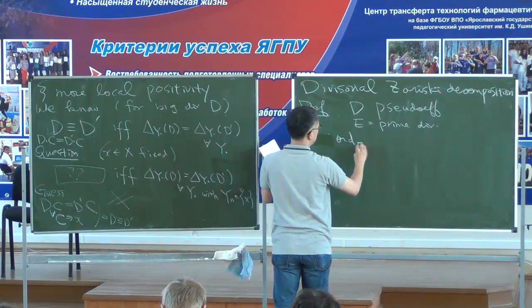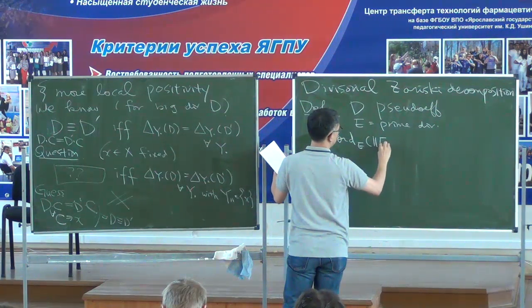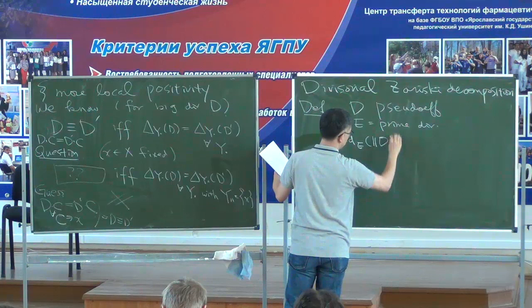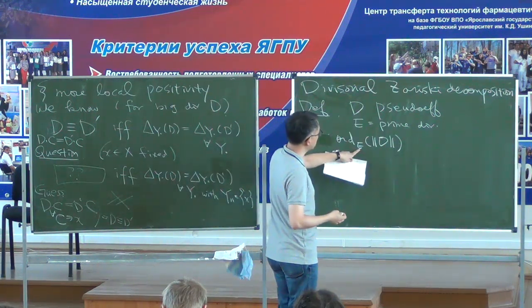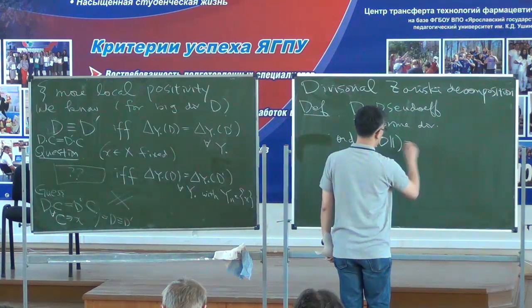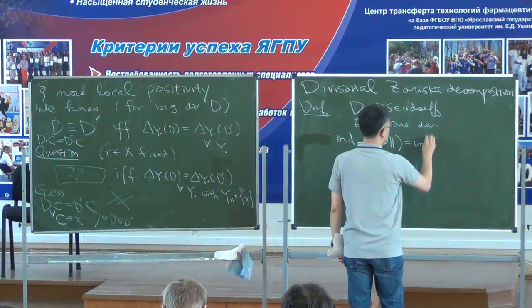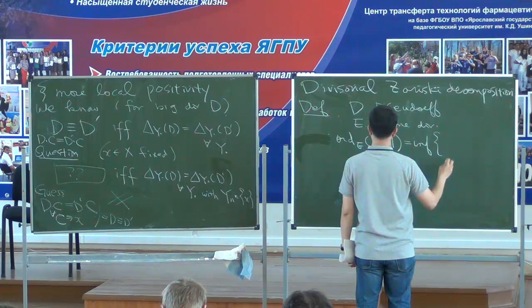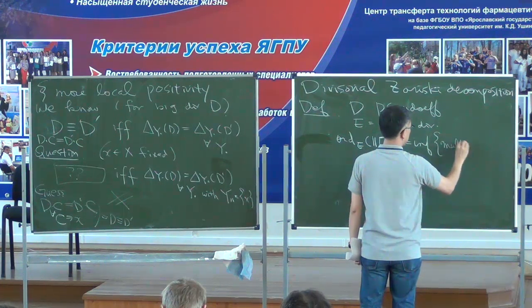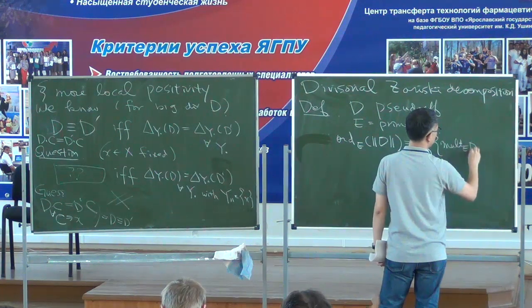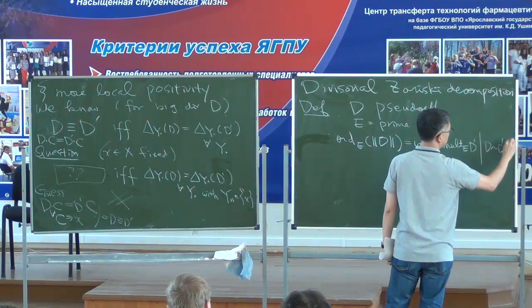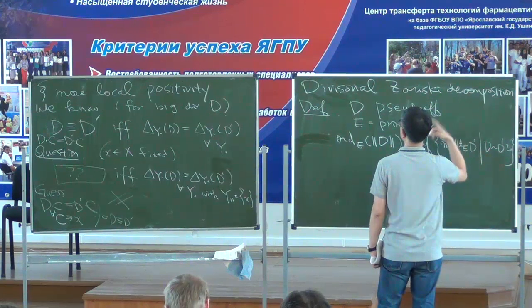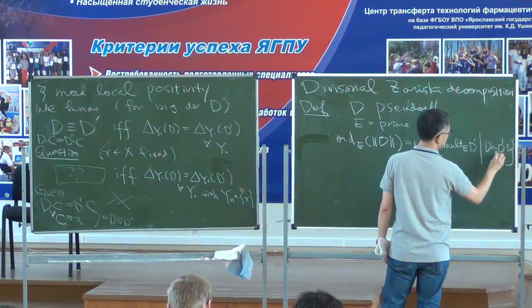Order of E, D. So actually, I defined this for a point, but this time we have a divisor. So infimum of the multiplicity of E, D prime. We are using Q divisors, so let's have Q.